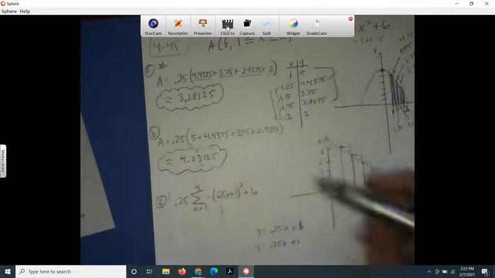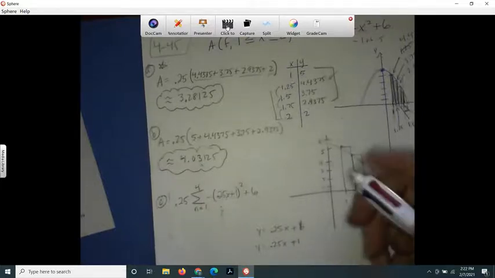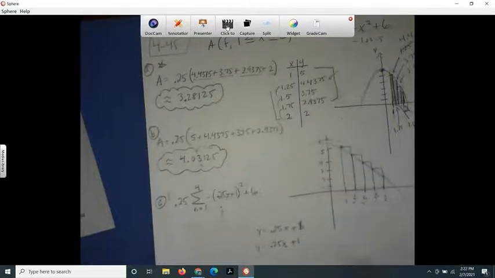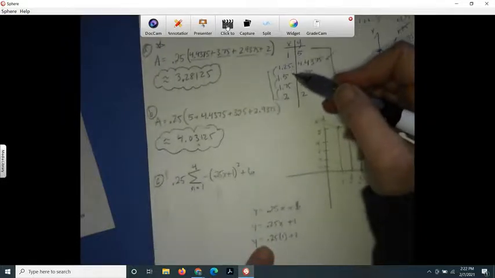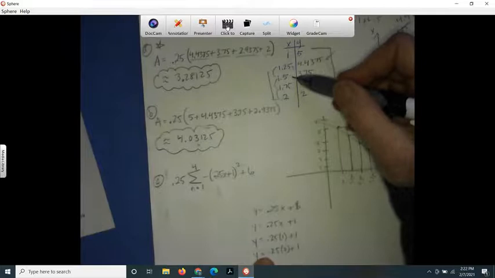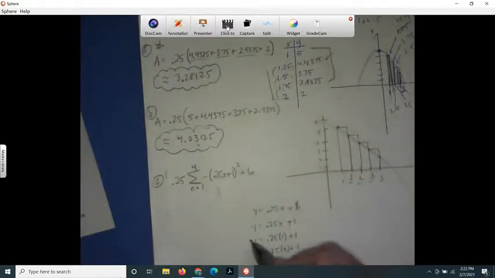So I ask myself, if I let b equal 1, then when I take my first term, doesn't that give me what I want? That gives me 0.25 plus 1, right? And then the second term, 0.25 times 2 is 0.5, and 0.5 plus 1 is 1.5. That gives me my second term, so that tells me I'm on the right track.